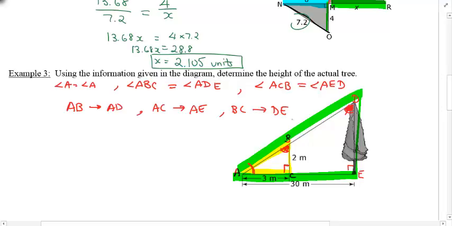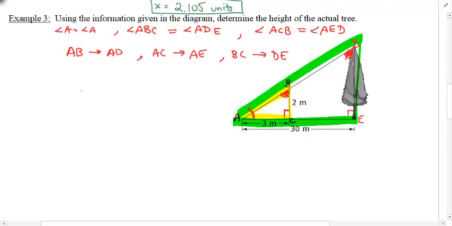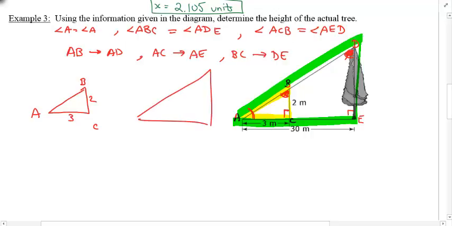So, if this is too hard for you to see, perhaps you want to draw out the two triangles. You're more than welcome to do that. You can go A, B, C, and label everything this, 2 and 3. And then draw a bigger, similar triangle, ADE, and label that 30. That's perfectly fine. If that's how you can see it and make it better for yourself, please do.